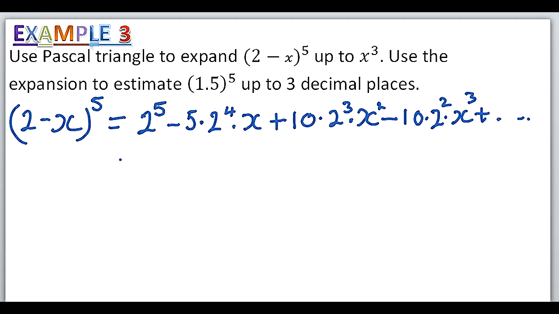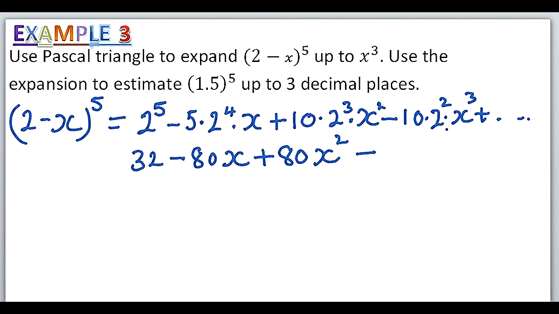So when you expand, you get 2 to power 5 is the same as 32, minus 2 to power 4 is 16 multiplied by 5, you get 80 multiplied by x, plus 2 cubed is 8 multiplied by 10, you get 80 x squared, minus 2 squared is 4 times 10 is 40 x cubed. So you stop there.